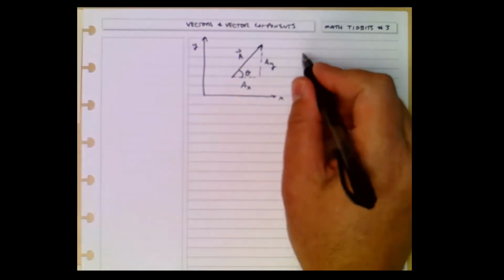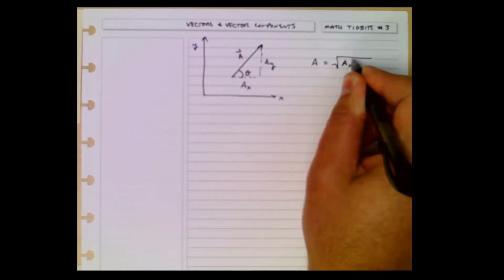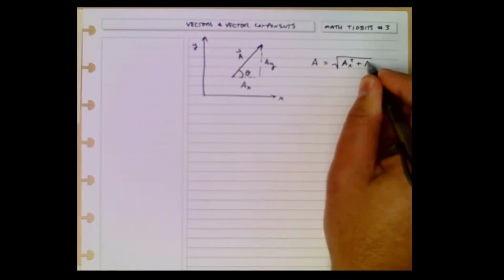The magnitude, of course, of A is equal to the square root of ax squared plus ay squared. Thank you, Pythagoras.